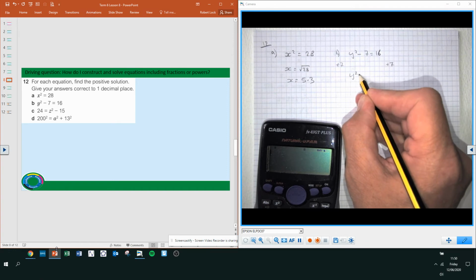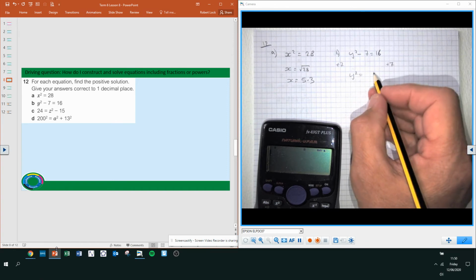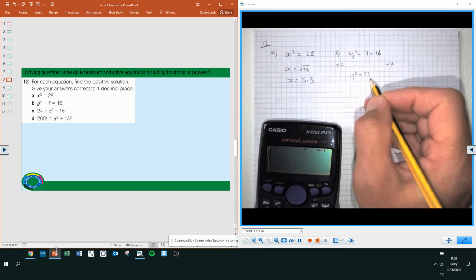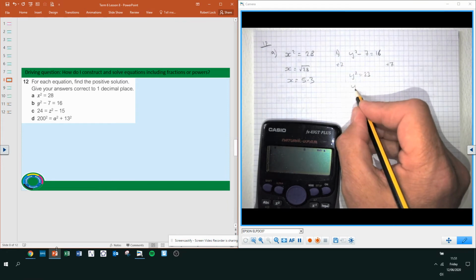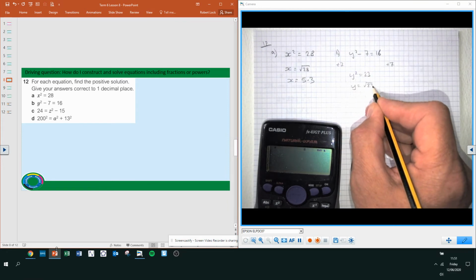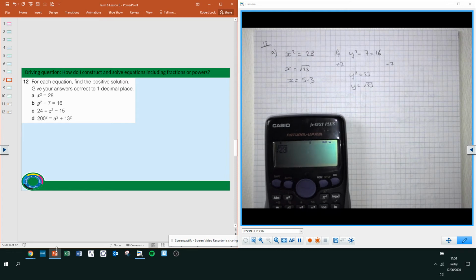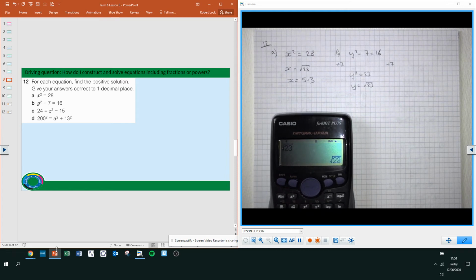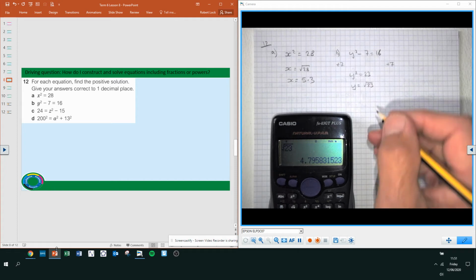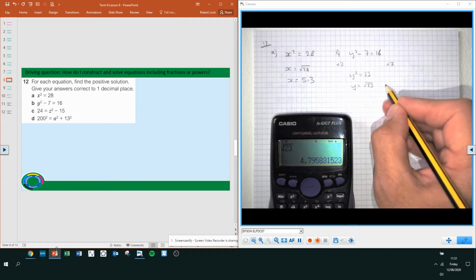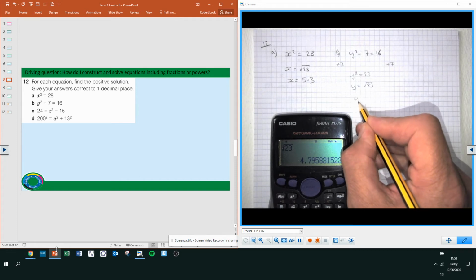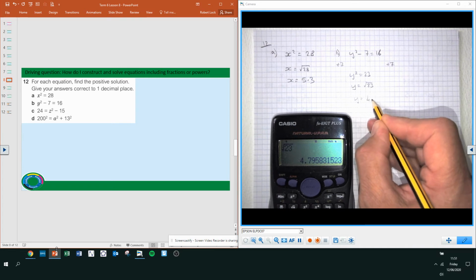Y squared equals 23. So y equals the square root of 23. Put it to one decimal place, y equals 4.8.